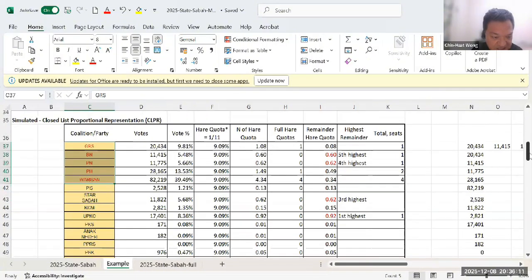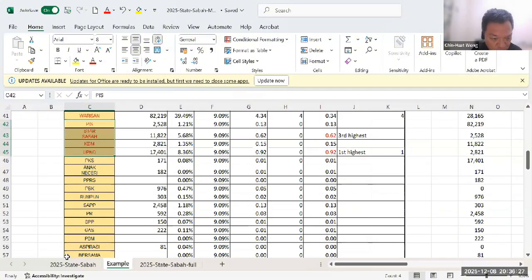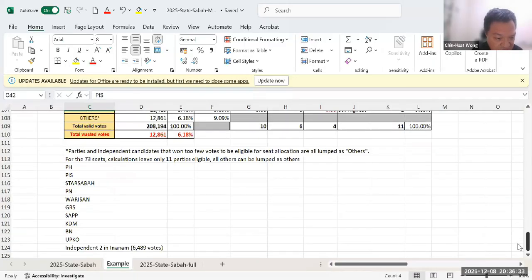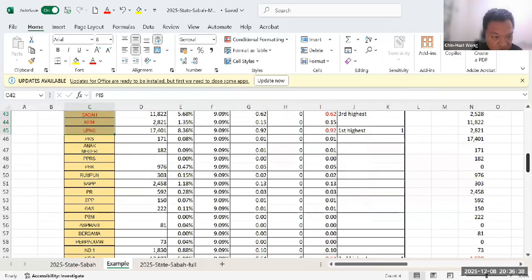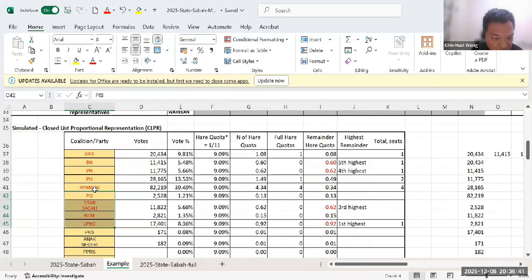So these are the parties that you would have up to here. 2, 4, 6, 8, 9. And then you would have UPCO somewhere. BN and UPCO. 2, 4, 6, 8, 9. There's one more party.